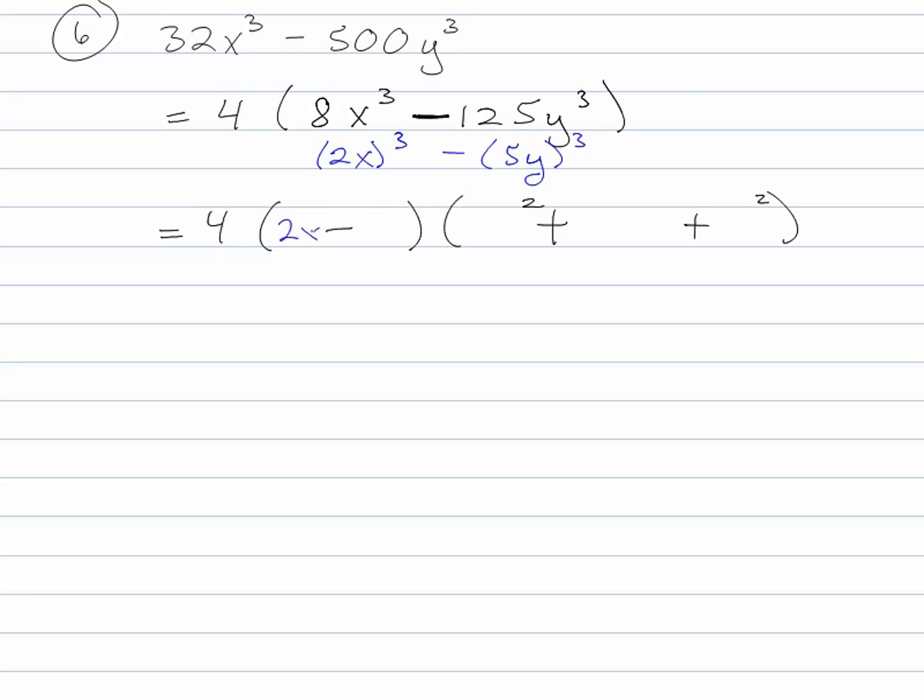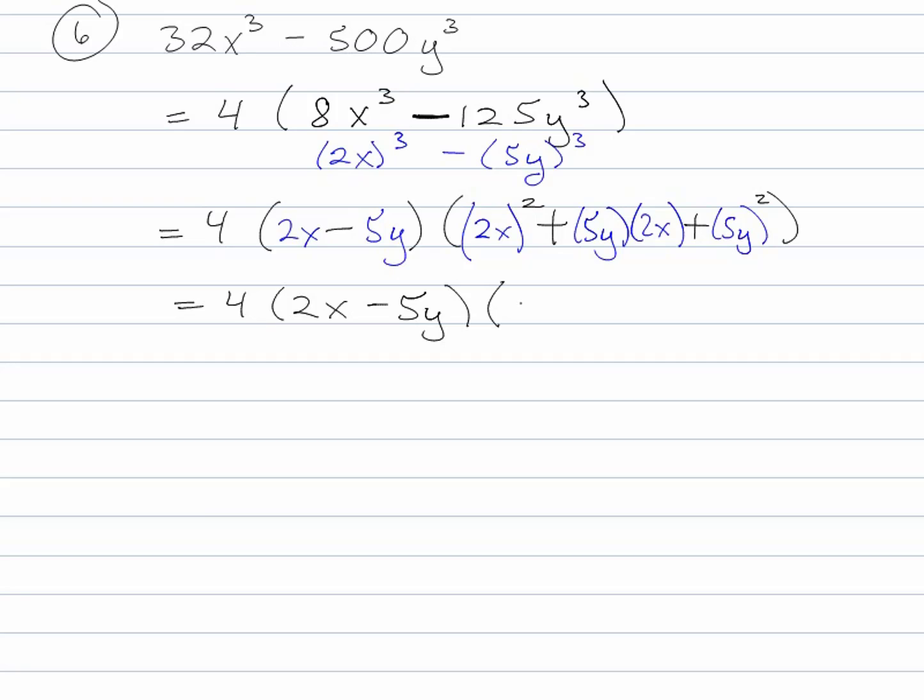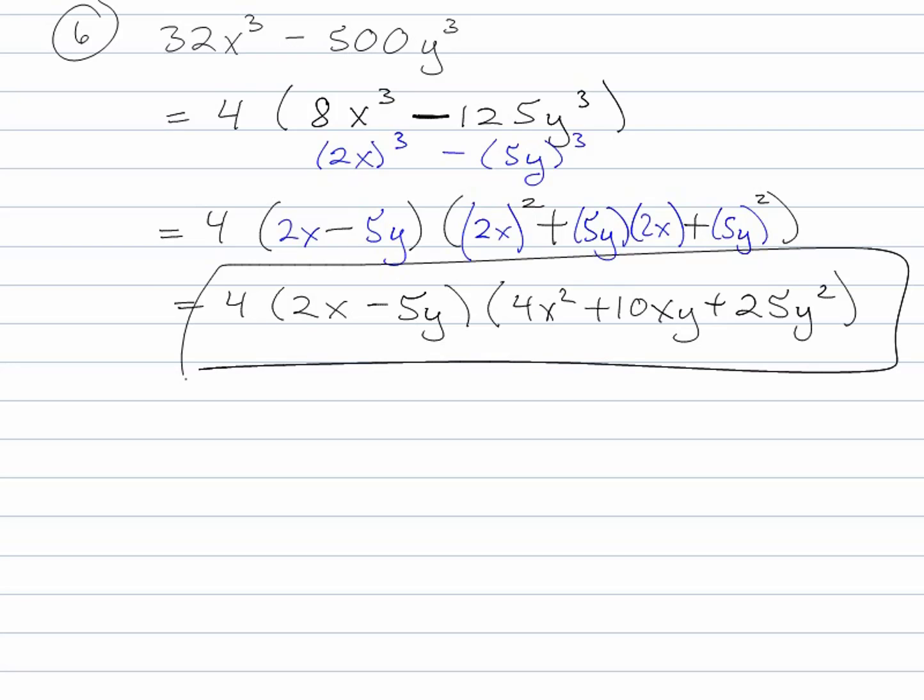So I've got 2x and 5y, 2x in parentheses, and 5y, 2x and 5y. So now I just have to make it pretty. Like that. And I'm good to go.